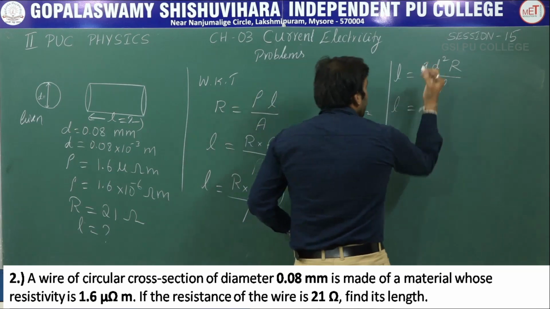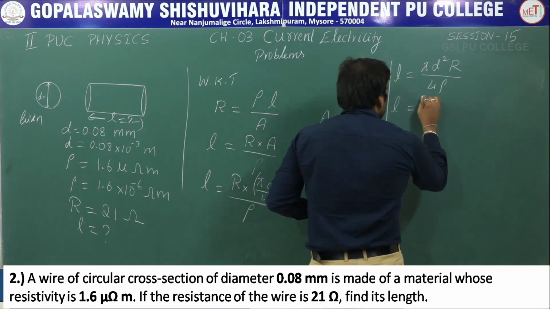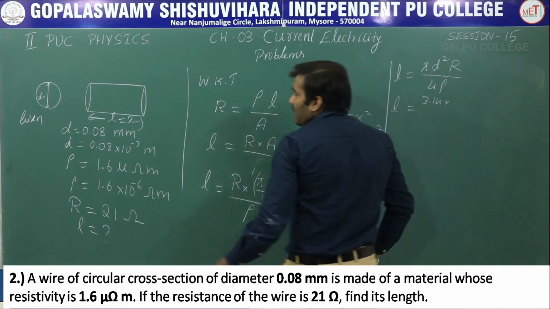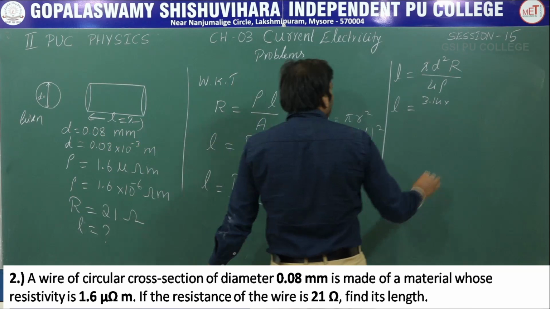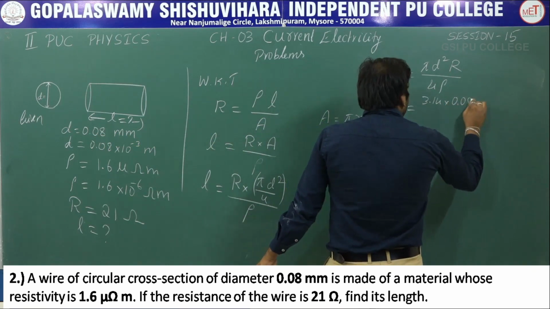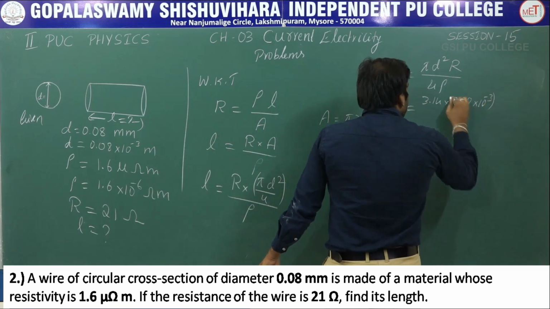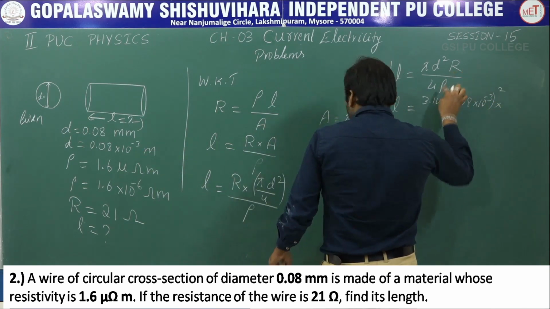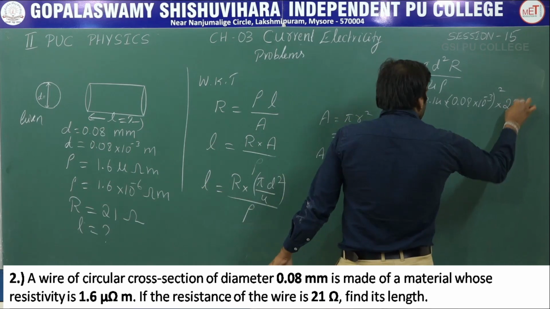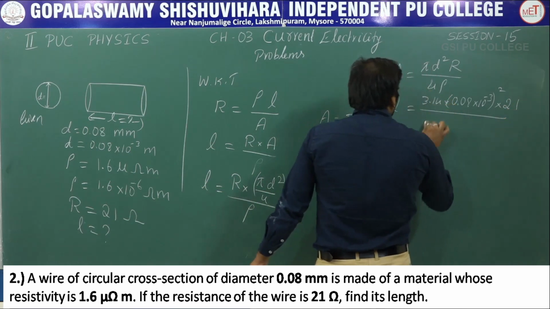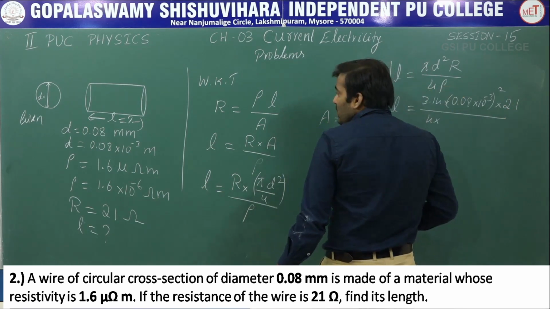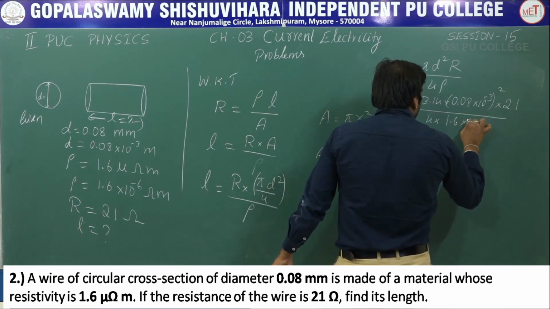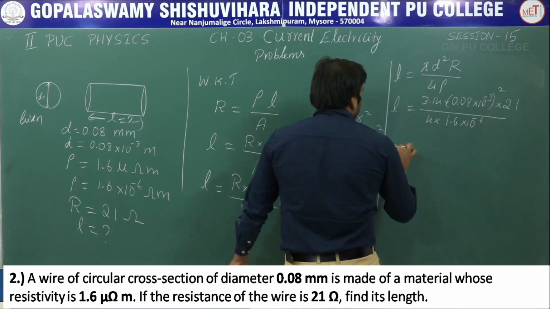Therefore L is equal to, let me substitute the values now. Pi is 3.14 into d square. Diameter is given as 0.08 millimeter, so this is 0.08 into 10 power minus 3 the whole square. This into resistance of the wire, 21 ohm. This is 21 divided by 4 into rho, which is given as 1.6 into 10 power minus 6.